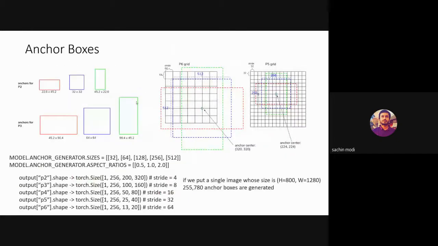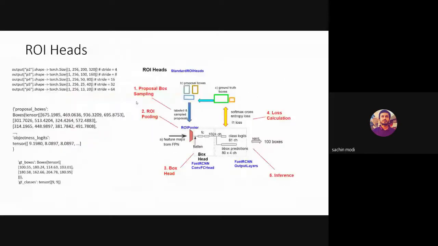If there are 80 classes, for the bounding box predictions, it will calculate a bounding box for each class. So 80 cross 4, it will calculate a vector of 320 length. And these are class logits which have a length of 81.